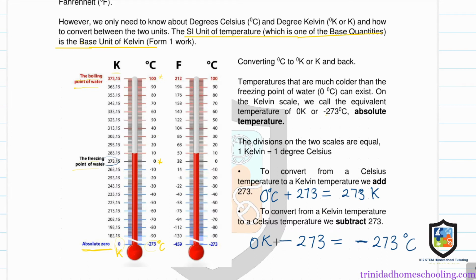You should be familiar with working with positive and negative numbers from Form 1 Maths when you did directed numbers. So that's a topic you need to revise in math. Revise directed numbers. Okay? This will help you understand why we need to use this negative symbol in front of the number here, and that we can have negative temperatures.